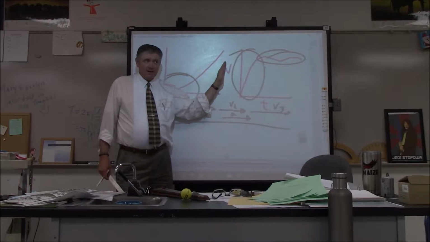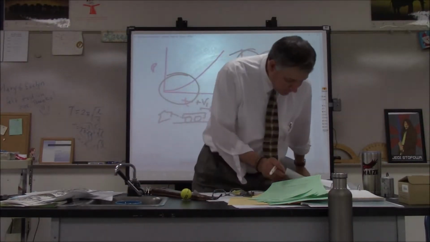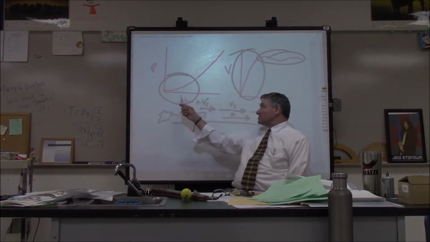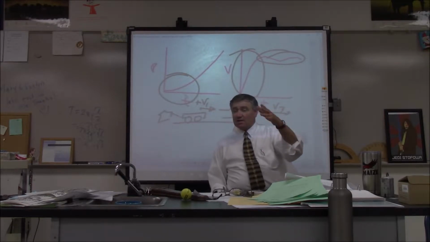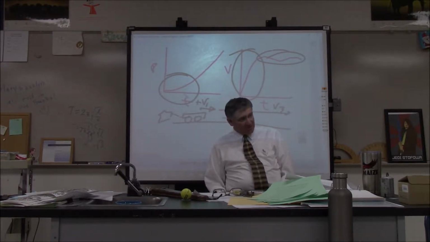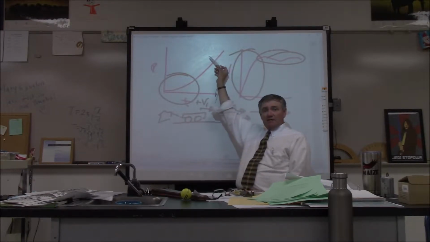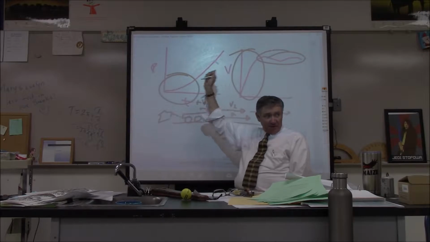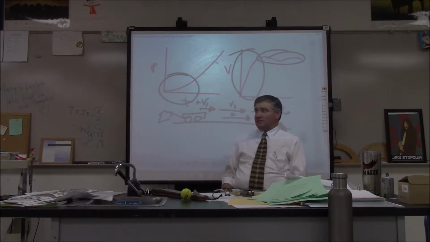This is one of the things I want to look for on question number 5. You should address the fact that at the beginning, my line curved up to indicate that it's going faster, because the line is becoming more steep. Eventually, what happens to the slope of the line? It becomes constant, which means at that point you have constant velocity.